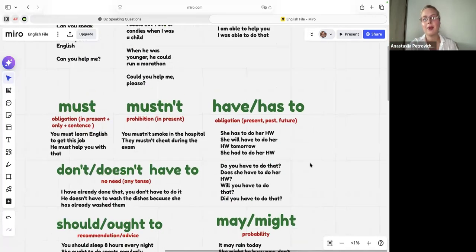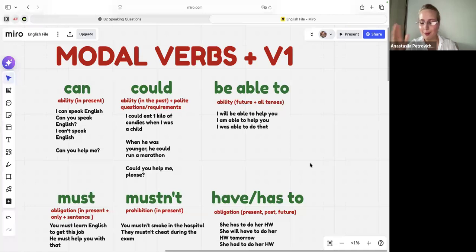That's why I think this is one of the topics that is a must, really must for you to master if you want to have a fluent English.